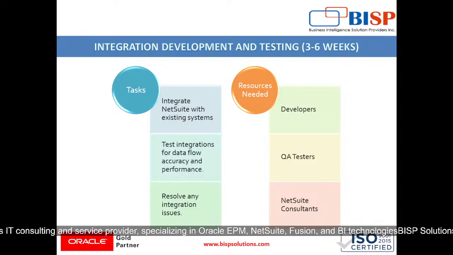Then integration development and testing, so it will take around 3 to 6 weeks. So tasks involved are integrating NetSuite with existing systems and testing integrations for data flow, accuracy and performance, and resolving any integration issues. So resources needed are developers, QA testers and NetSuite consultants.